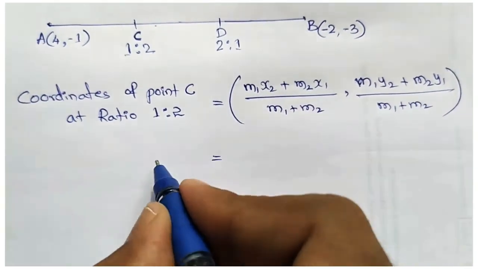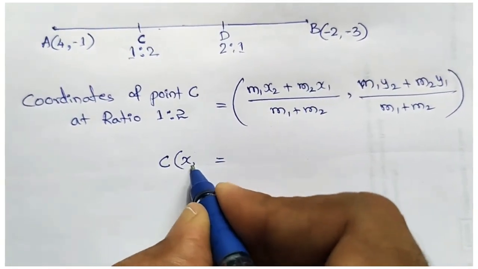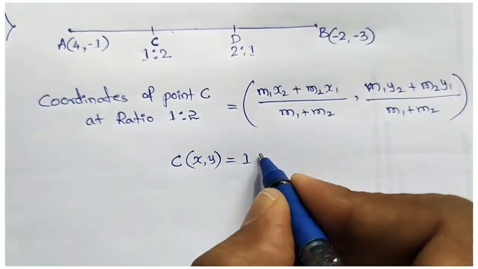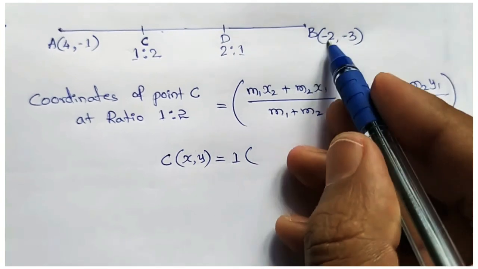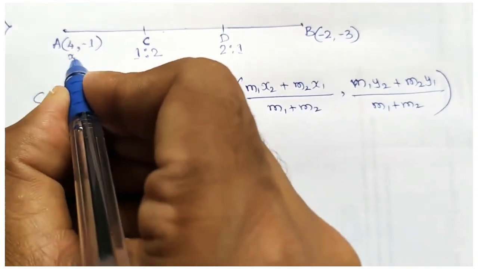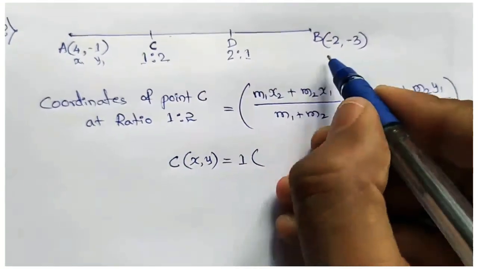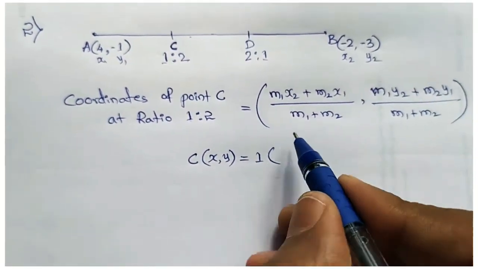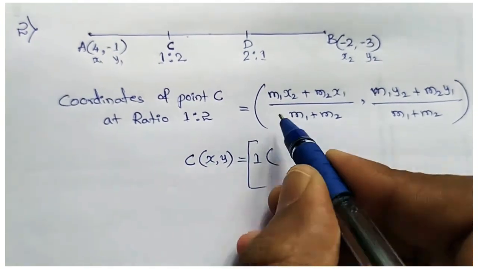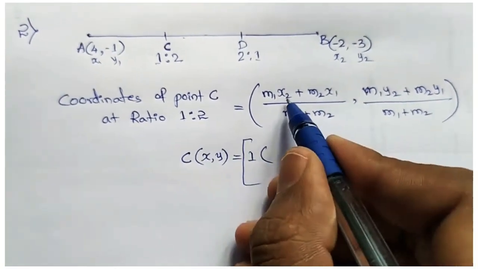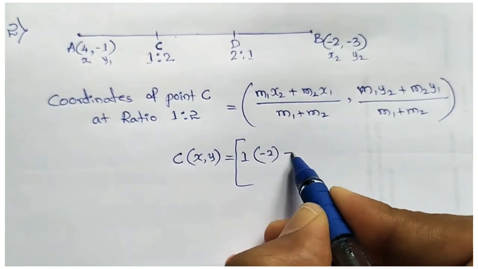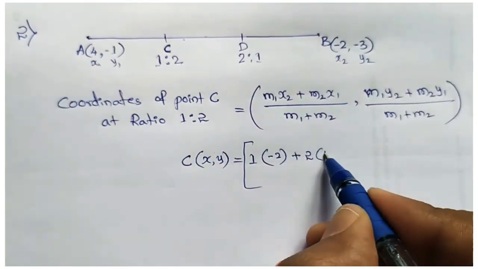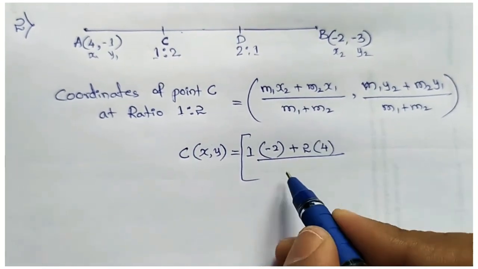Okay, so first let's take C of x, y. If you want, you can write x1, y1 and x2, y2. So for the first one, m1 is 1, x2 is minus 2, plus m2 is 2, x1 is 4, whole divided by m1 plus m2.